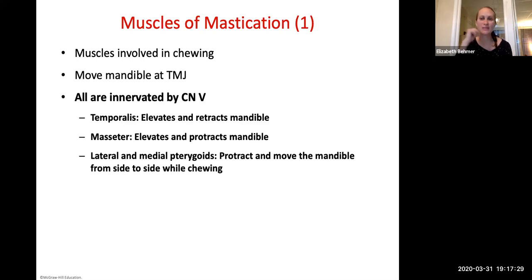Your temporalis muscle, remember that was the muscle over your temporal bone. That'll elevate and retract the mandible, so it brings your mandible up and back. Your masseter elevates the mandible, so closes your mouth, and then protracts it, brings it forward. Then you have pterygoid muscles, which also help in chewing.